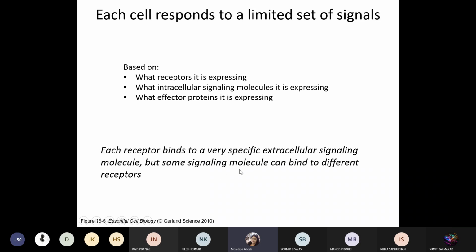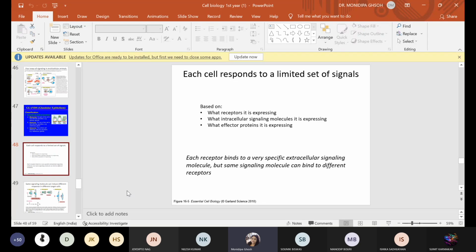But the same signaling molecule can bind to different types of receptors. But the receptor is very specific. It won't just recognize all the chemicals. Understood the point?